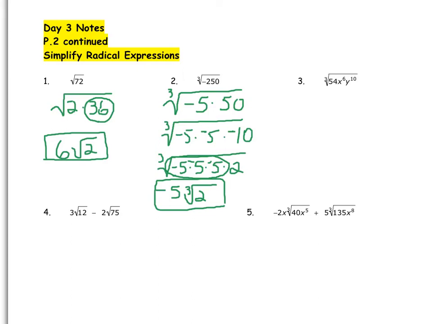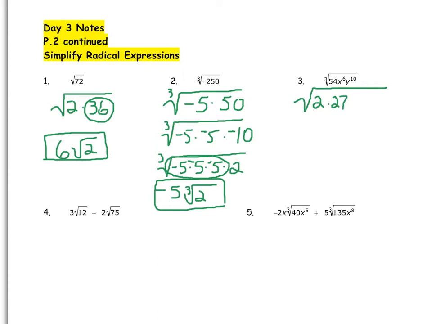Alright, now we've got a cube root and we've got some powers in there. So again, I need to have 3 of the same factors in order to take something out. So I'm going to rewrite the 54 as 2 times 27.